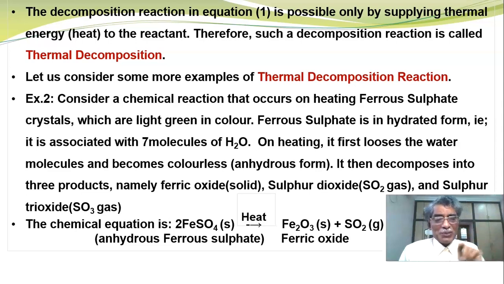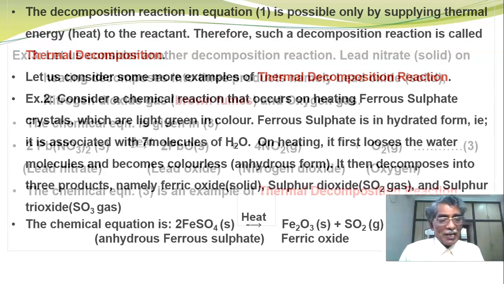It then decomposes into 3 products, namely ferric oxide solid, sulfur dioxide SO2 gas, and sulfur trioxide SO3 gas. The chemical equation is 2FeSO4 solid upon heating decomposes into Fe2O3 solid plus SO2 gas plus SO3 gas.